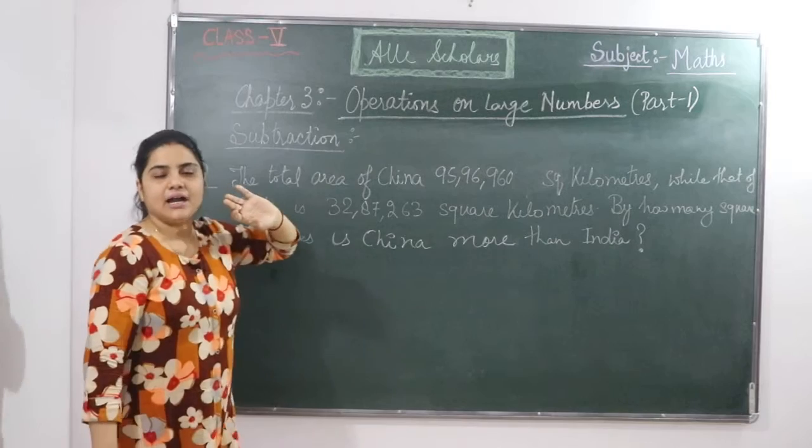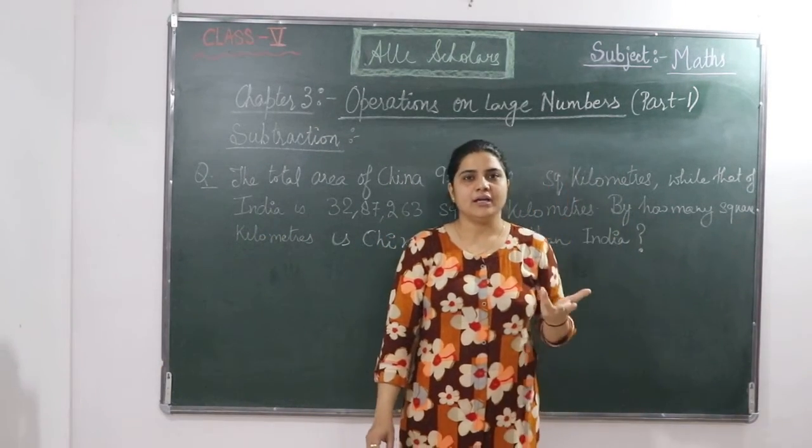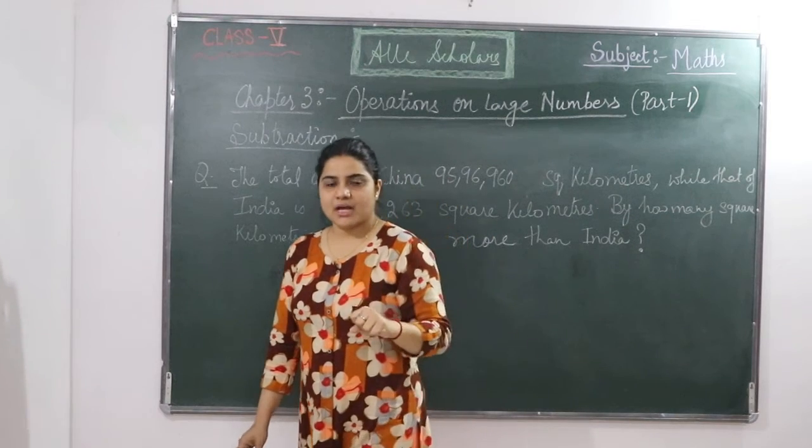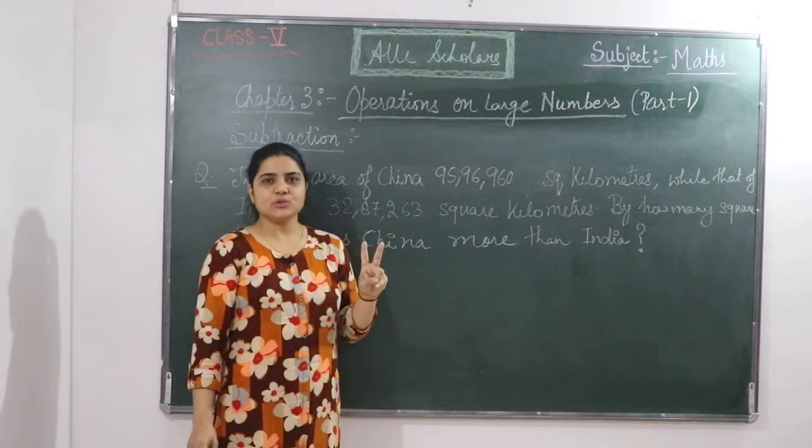We have seen that in addition we get the sum of two or more numbers. But in subtraction what will we get? We will get the difference between two numbers.